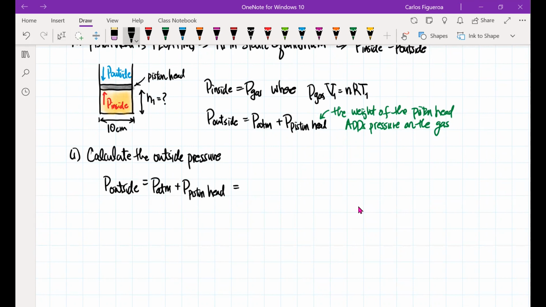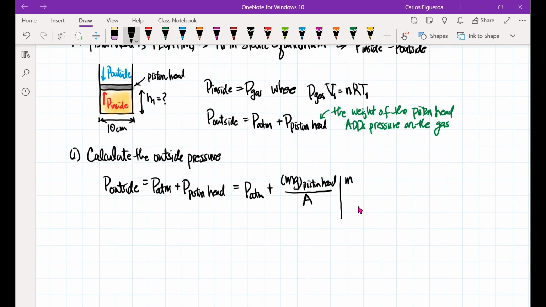So P atmosphere we already know, but the pressure due to the piston head has to be the weight of the piston head divided by the area.